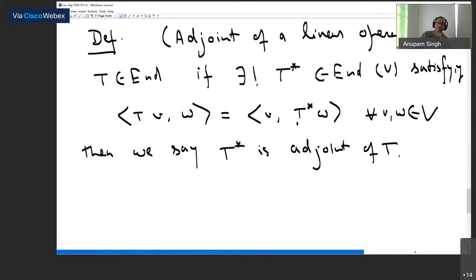The adjoint is a linear operator which satisfies this equation. And the theorem which we just proved implies that for every T, the adjoint exists.